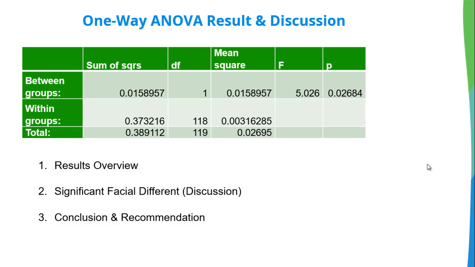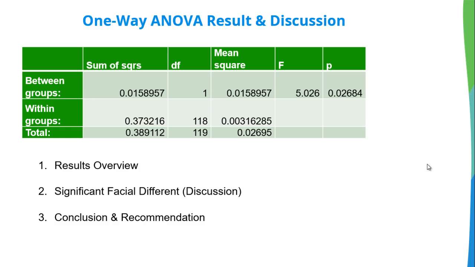The relatively higher mean square between groups, 0.158, compared to the mean square within the groups, 0.00316, indicates that the variability in the facial features is more pronounced between the two syndromes than within each syndrome group.